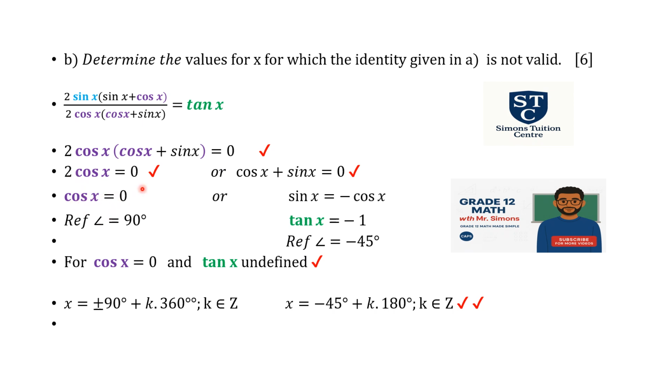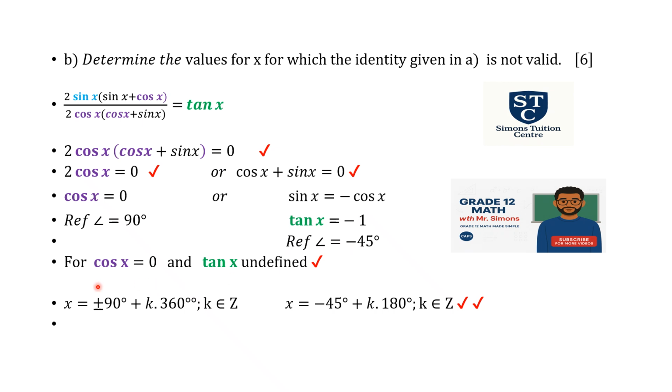Shift cos, 0 degrees would give me a reference angle of 90 degrees. On this side here, cos x equals negative sin x. And if I divide by cos x on both sides, sin divided by cos, tan. Negative cos x divided by cos, negative 1. Shift tan, negative 1 gives me a reference angle of negative 45.